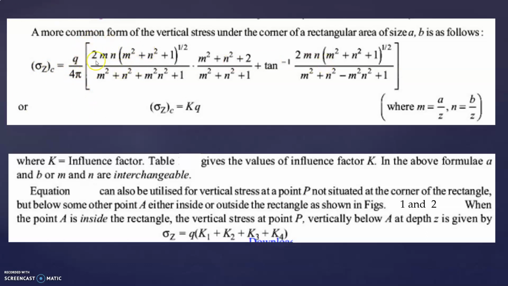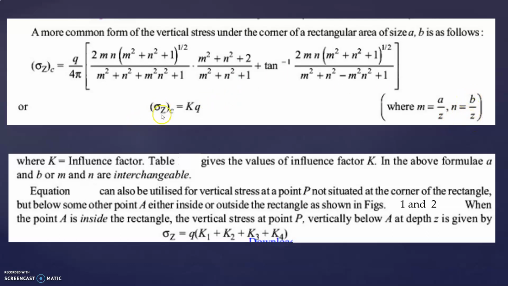There are three terms: 2mn times the square root of (m square plus n square plus 1) divided by (m square plus n square plus m square n square plus 1), times (m square plus n square plus 2) divided by (m square plus n square plus 1), plus tan inverse of 2mn times the square root of (m square plus n square plus 1) divided by (m square plus n square minus m square n square plus 1), where m is equal to a divided by z and n is equal to b divided by z.